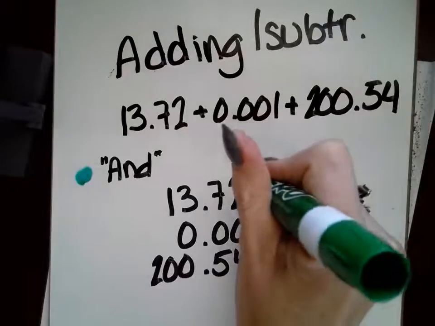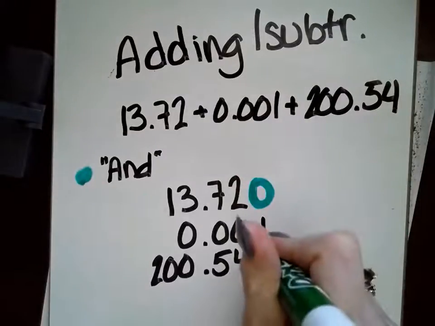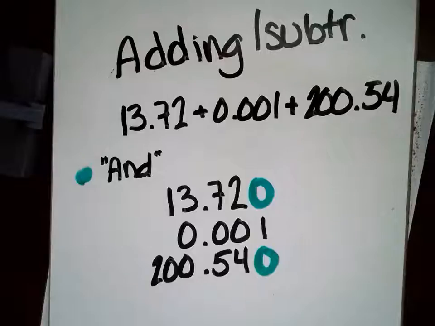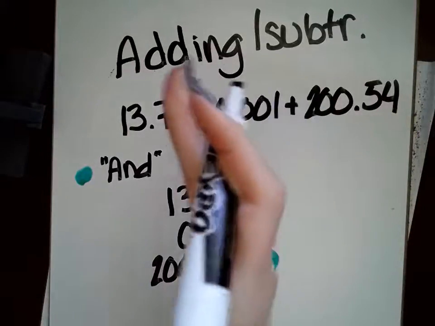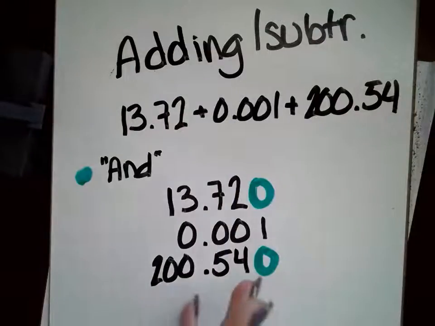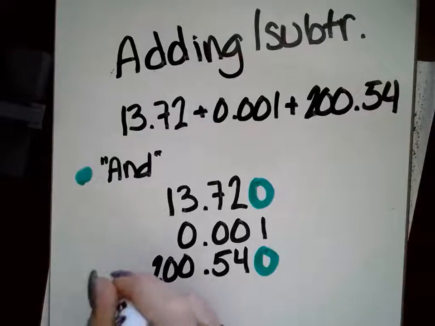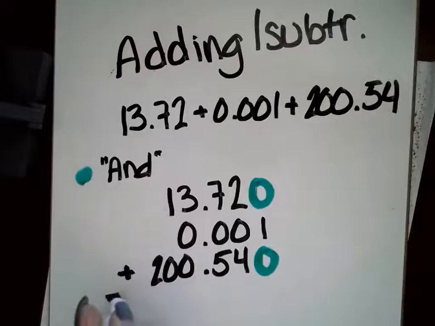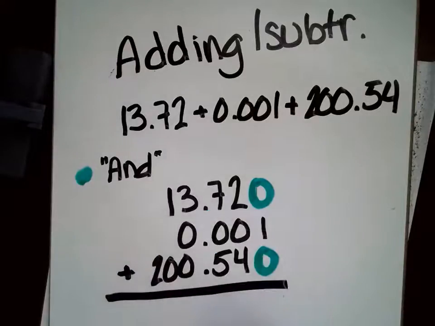So for our purposes, just to keep things lined up, it's okay to add some trailing zeros here when we're doing the work. That way we know everything lines up and everything gets carried out to the thousandths place. When we add, the first thing you want to do is drop your decimal point down.